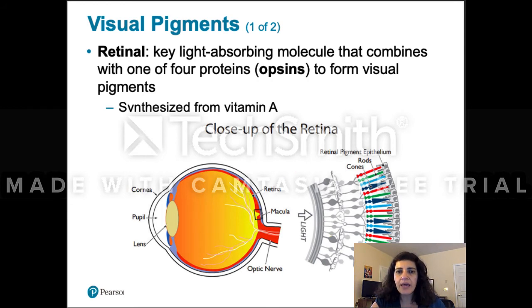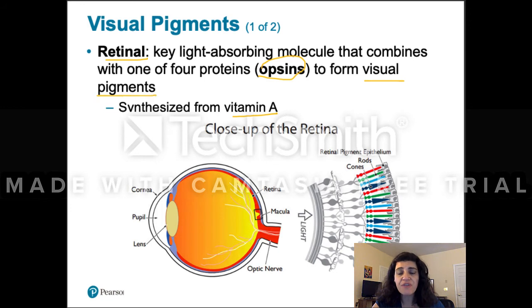So remember that you need vitamin A to make retinol. And retinol is a molecule that absorbs light. And when you combine retinol with opsins, which are proteins that are present in the photoreceptors, you form the visual pigments.